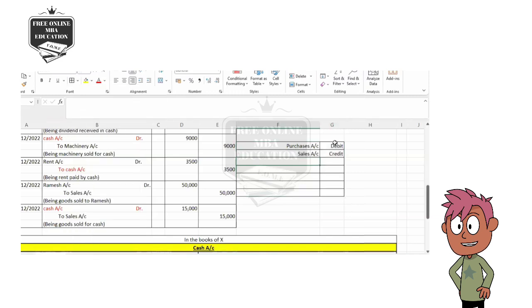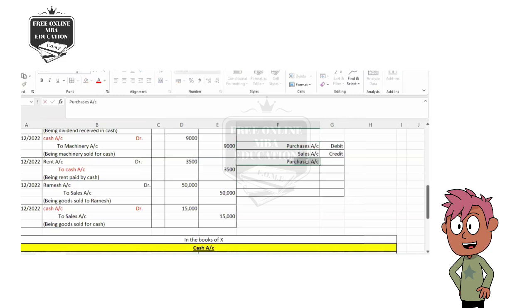So purchases account is always going to be at the debit side, because purchases is always an expenditure for us. So debit all expenditures and losses. Sale is always going to be on the credit side, because sale is always going to be our income.